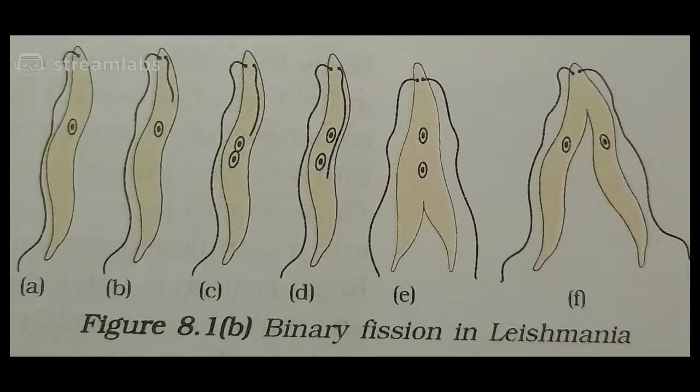Binary fission is the one which develops into two new individual organisms from one parent cell. There is no male and female gametes here. It is asexual mode of reproduction.